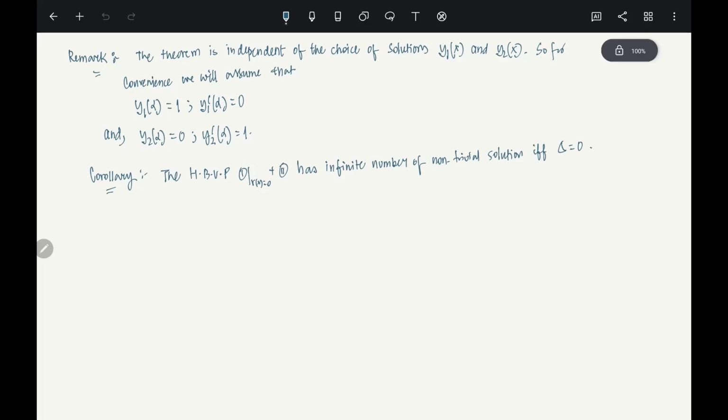Now let's look at one example of what exactly we are talking about. What can we deduce out of this theorem?